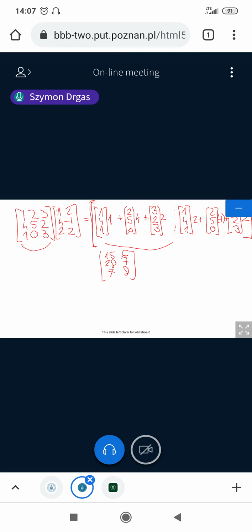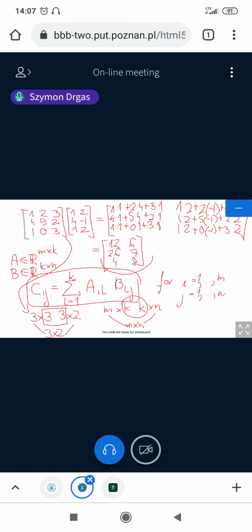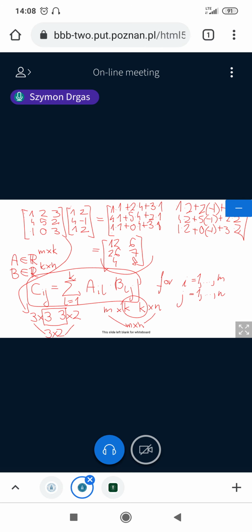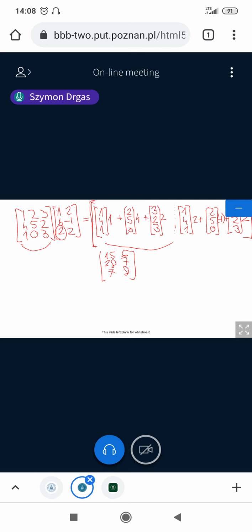Yeah, 1 plus 8, which is 9, plus 6 is 15. So I made a mistake earlier when writing this number. So I think that I will leave this as it is because now it is correct, although my first intention was to write the same product of matrices.